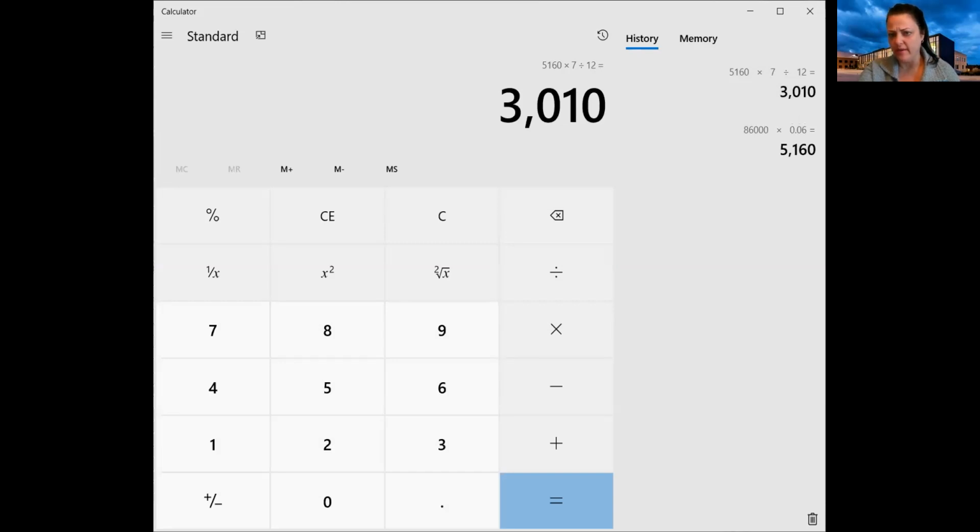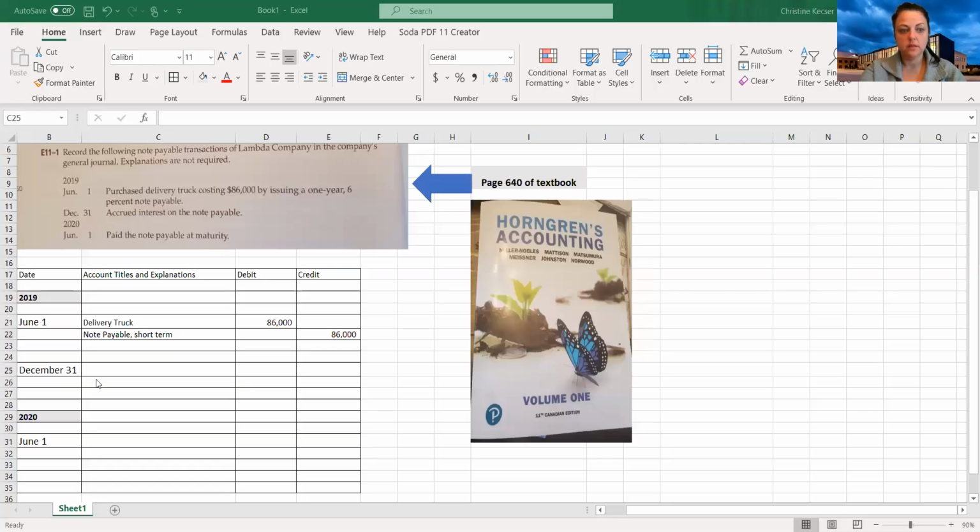How would we record that? For December 31st, again, we want to enter our debit first. So we know that when we're accruing interest, there's going to be an interest liability account and an interest expense account. And the expense account is the account that we would debit.